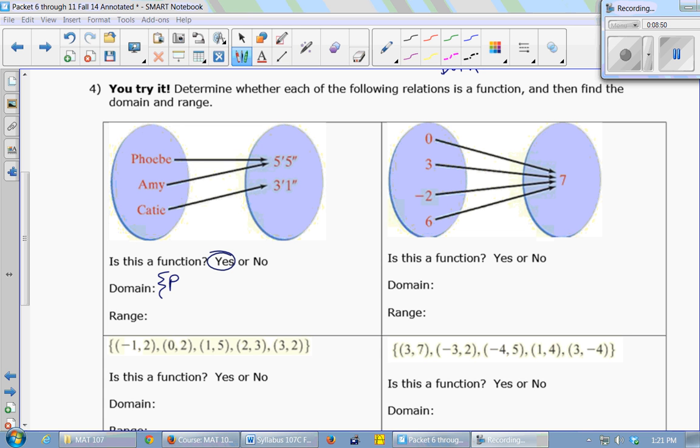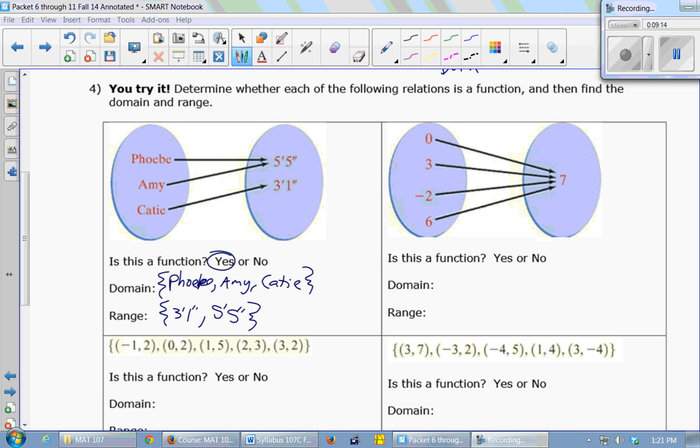So we would have Phoebe, Amy, and Katie. And the range is the list of their heights. 3 feet, 1 inches, 5 feet, 5 inches. And again, you don't have to repeat the 5, 5 twice. It's in the set. You just write it once.